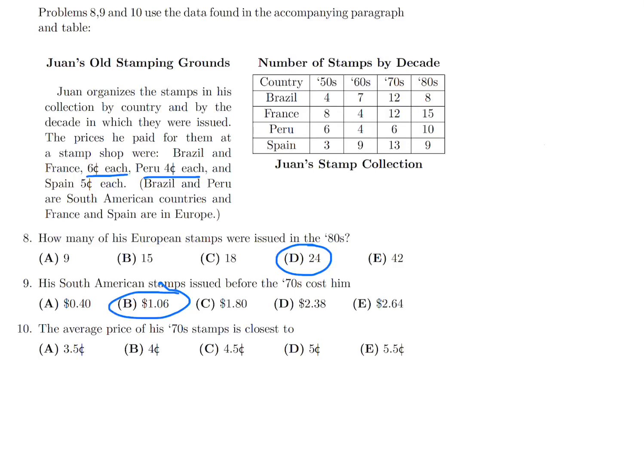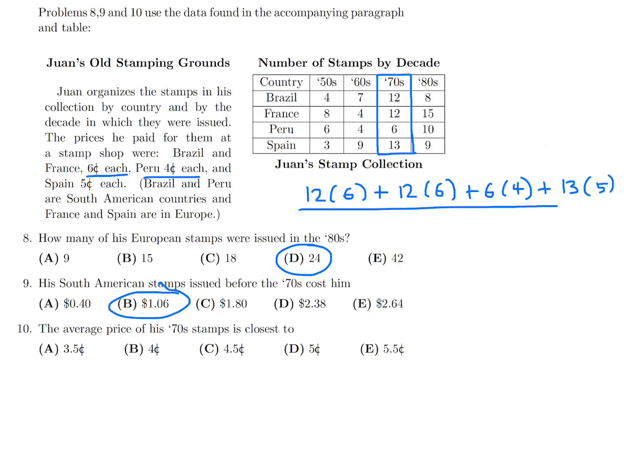The average price of his 1970s stamps is closest to... So we're just concentrating on this aspect of the table. So we got 12 from Brazil and each cost 6 cents, plus 12 from France and each cost 6 cents, 6 from Peru and each cost 4 cents, and Spain, we have 13 of them and each cost 5 cents.